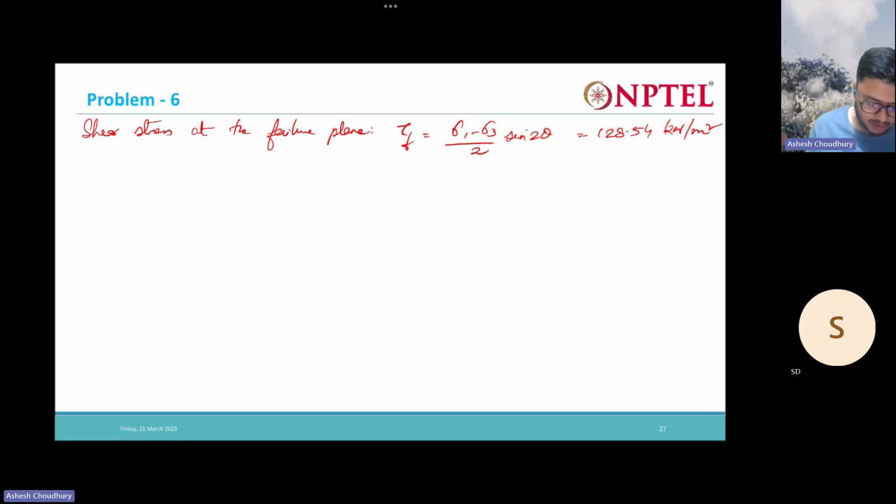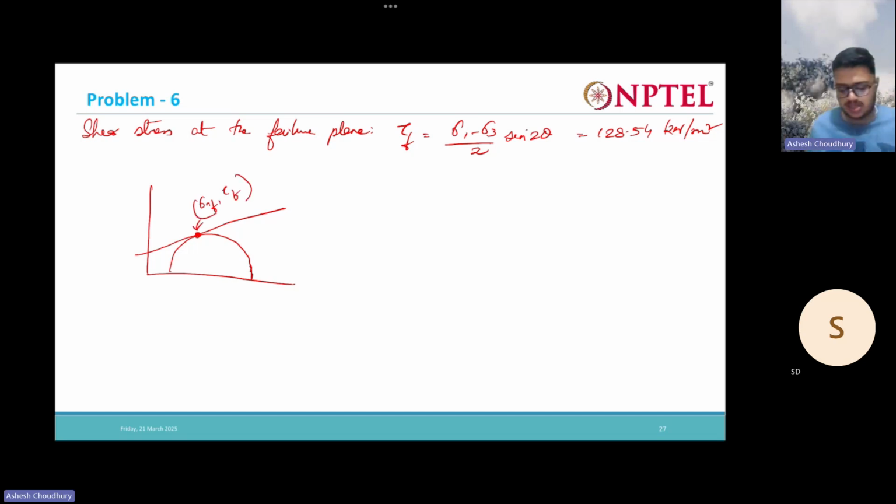So if you want to see, you move the circle like this. Now, this point is the normal stress and the shear stress at the failure plane.